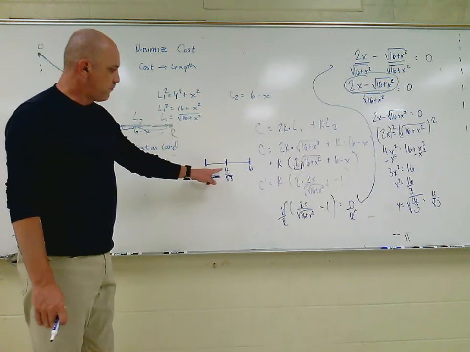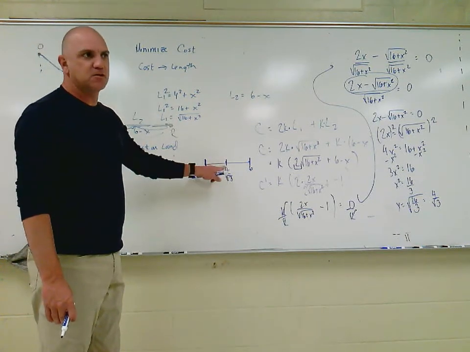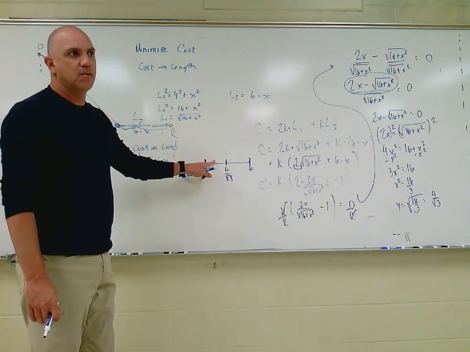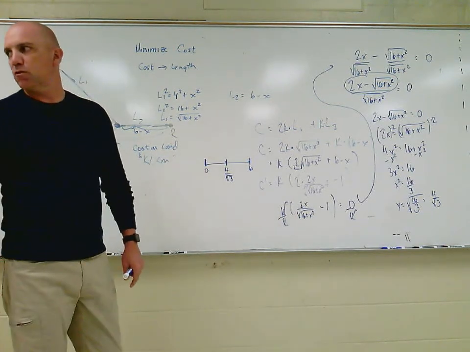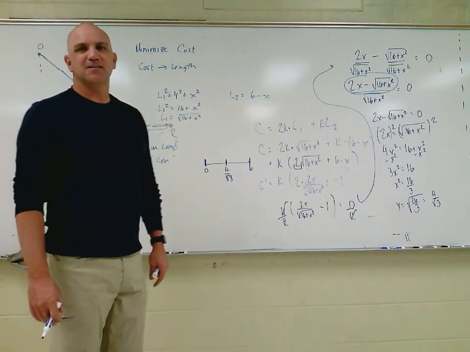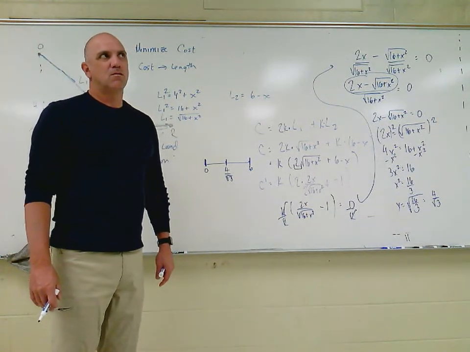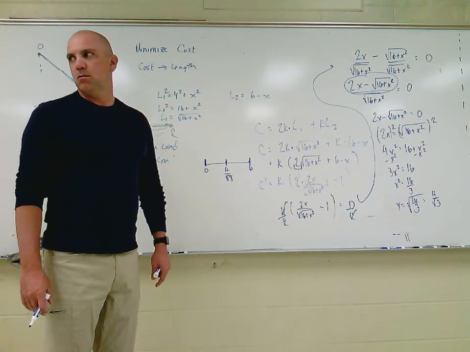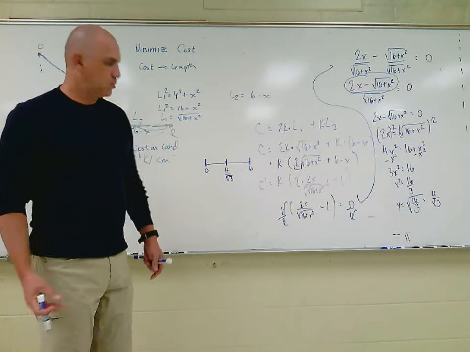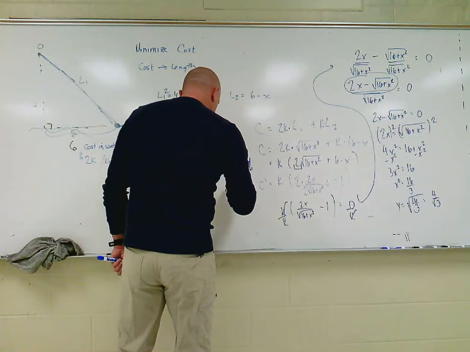So 4 over square root of 3 should be something like 1 should be in here. Can you type it in real quick? Tell us what 4 over square root of 3 is. I think it's a little bit bigger than 2. 2.31. 2.31. All right, so we'll come back to that.